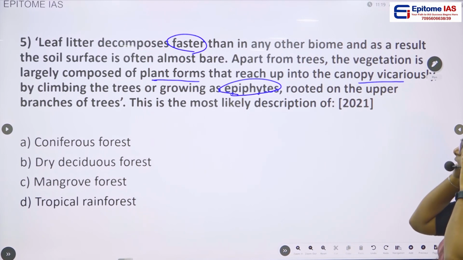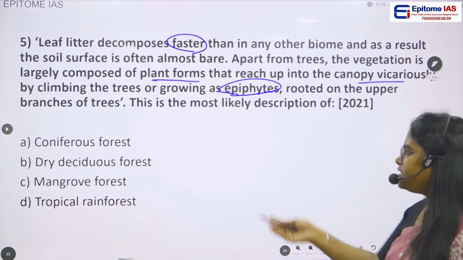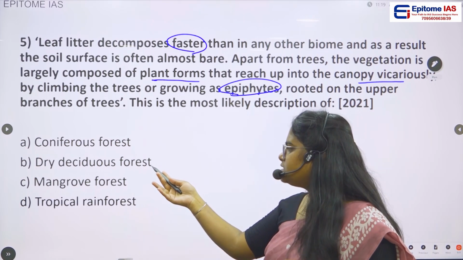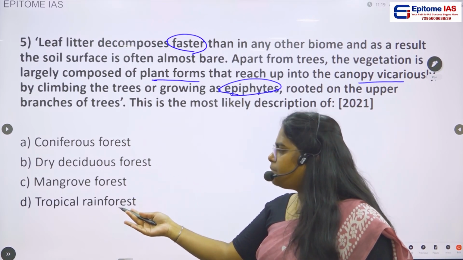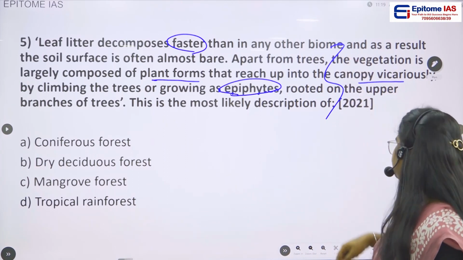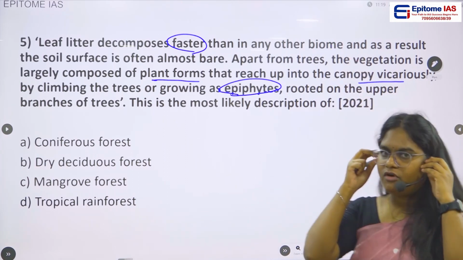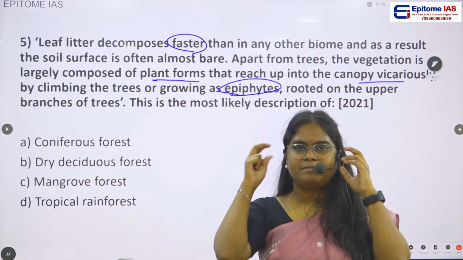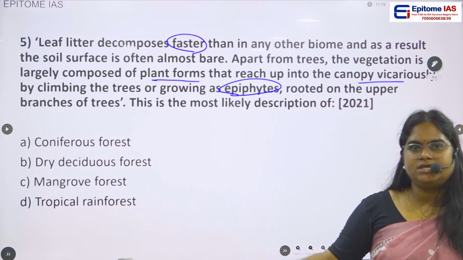This is the most likely description of coniferous forest, dry deciduous forest, mangrove forest, tropical rainforest. So they have given a description of a particular type of forest, and they are asking which particular type of forest has this description.